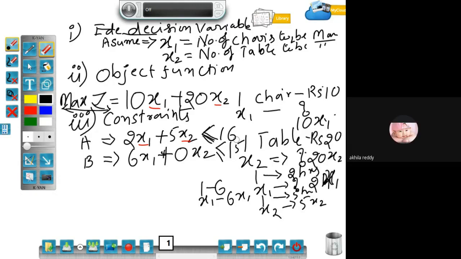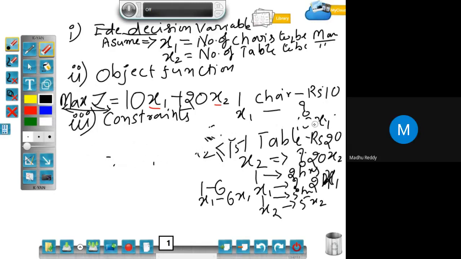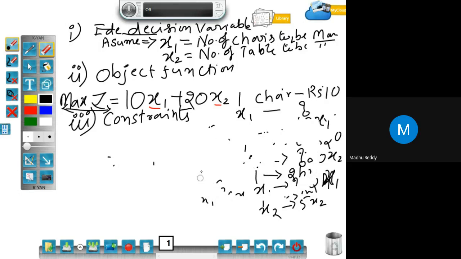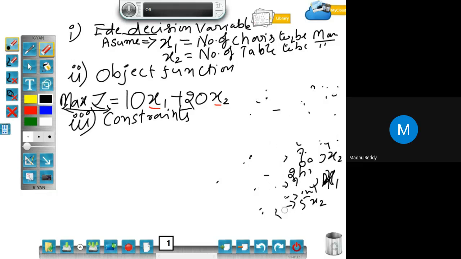Okay. Now I will tell you something. This is one way of doing this problem, specifying the constraints. If you understand this, it's okay.